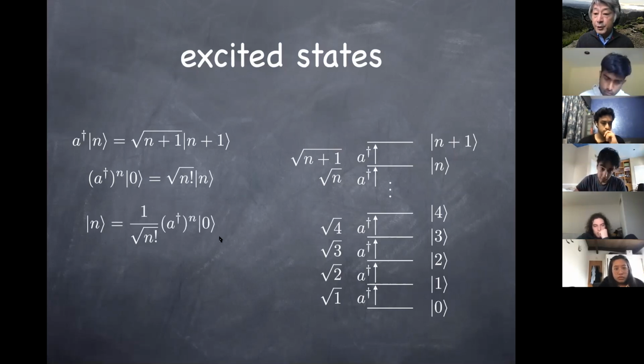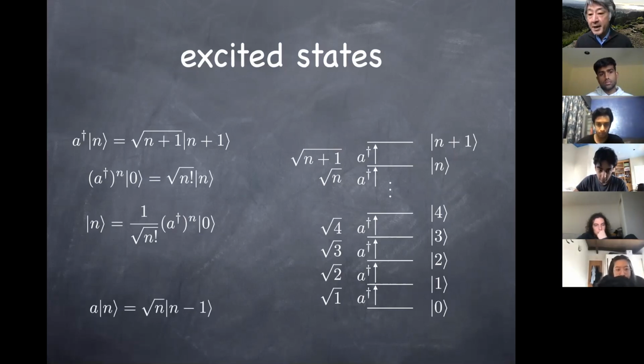So now you know what this n ket is. And we have solved the problem of what the wave function looks like for the ground state 0. We know a dagger is a differential operator in position space. So then you can derive what the n ket wave function is without knowing anything about Hermite polynomials. At the same time, we learned that a acting on n gives you state n minus 1.